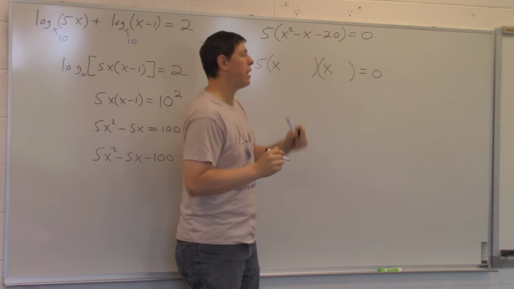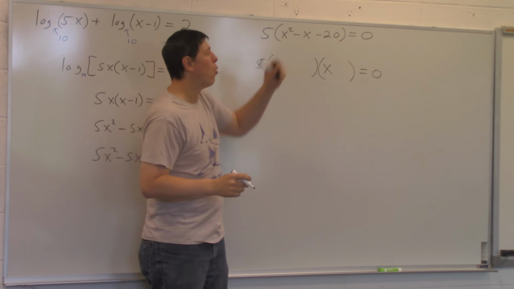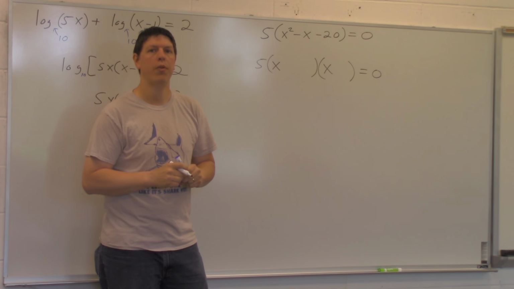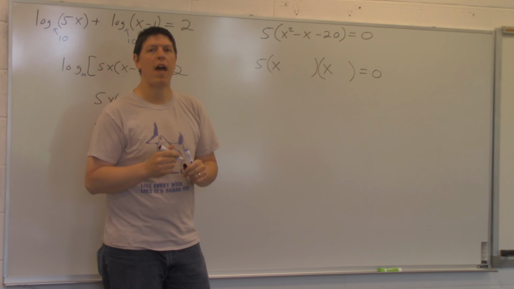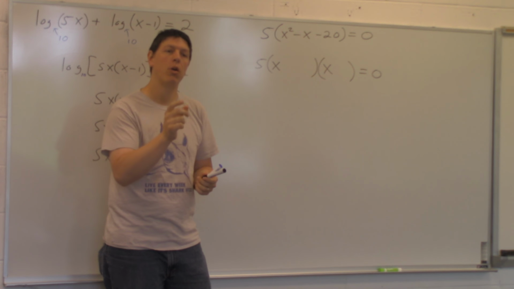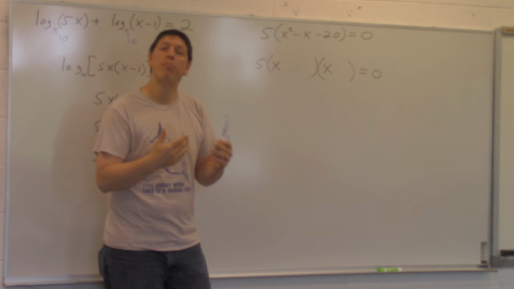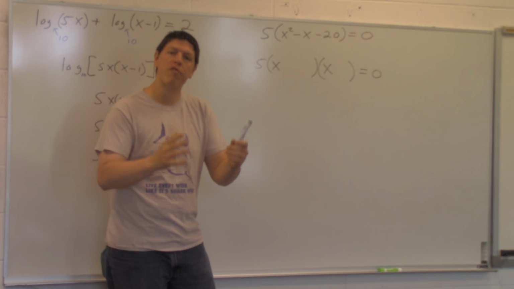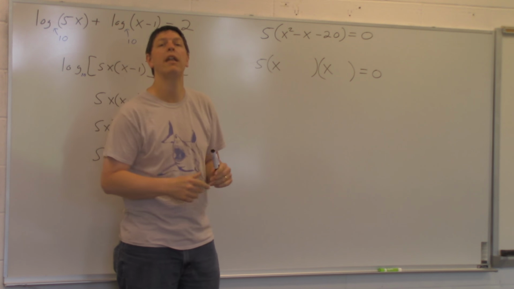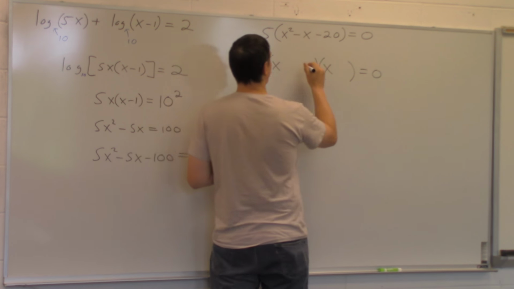To build 20 and get a negative 1, I probably need two factors that are really close to one another. If I go through the list of factors, I wouldn't want to pick 1 and 20. I probably wouldn't want to pick 2 and 10. I probably would want to pick 4 and 5, because with 4 and 5 we can get a permutation so that we get a negative 1 in there. So I'm going to pick 4 and 5.